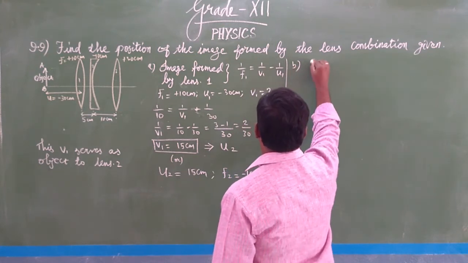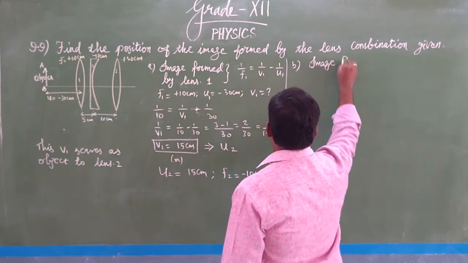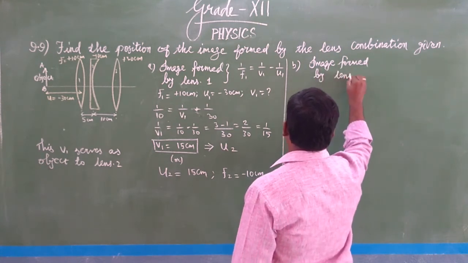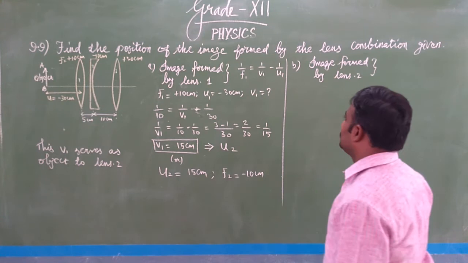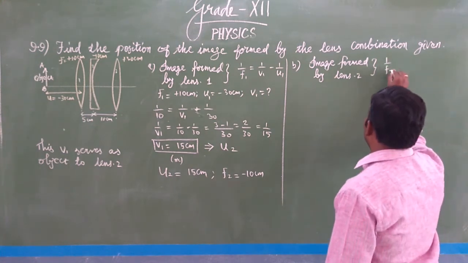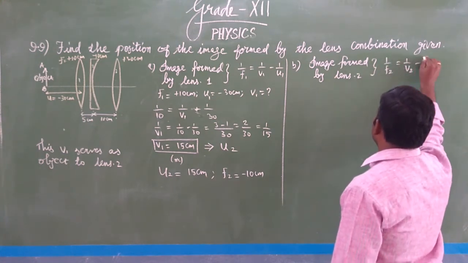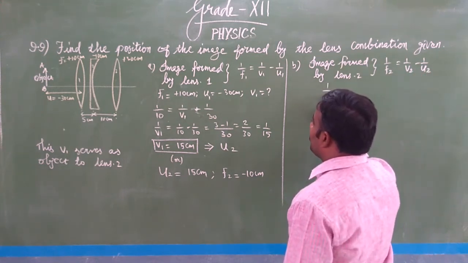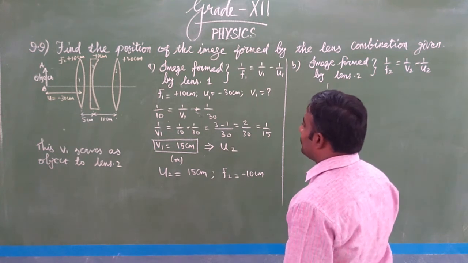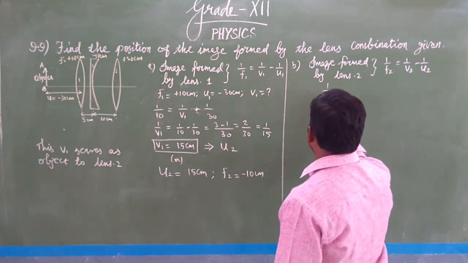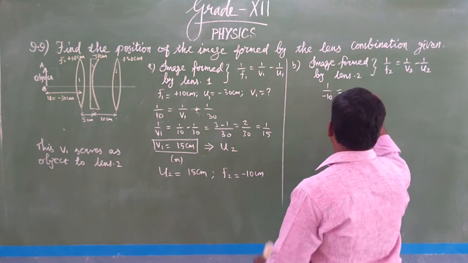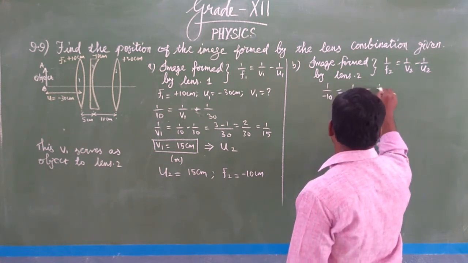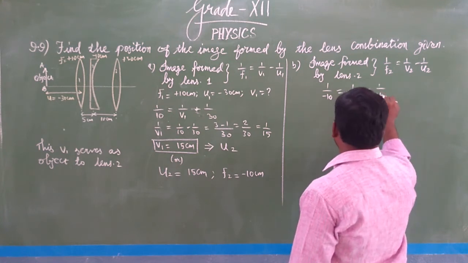Now, the image formed by lens 2. Using the lens formula, 1 by f2 is equal to 1 by v2 minus 1 by u2. The focal length is minus, so 1 by minus 10 is equal to 1 by v2, which we want to find, minus 1 by u2, which is 15 centimeter.